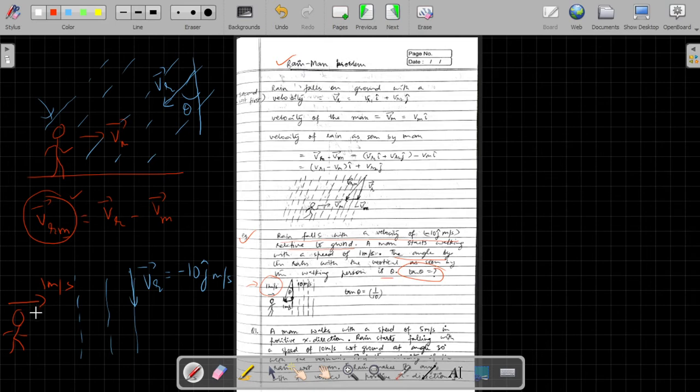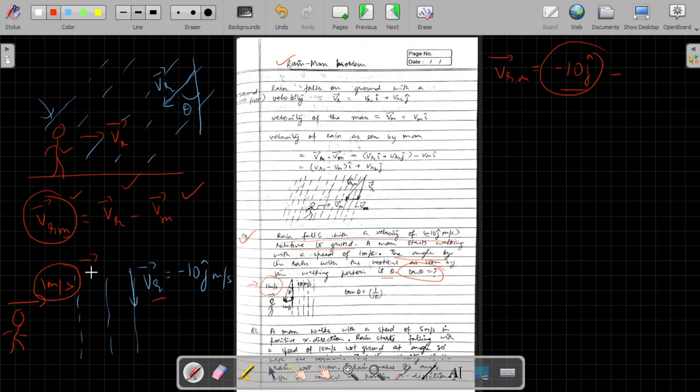As you would know, we would be subtracting our velocity from the velocity of rain. Using this expression, the velocity of rain with respect to man, that is the velocity of the rain which is seen by this man, can be found by subtracting. We write the velocity of rain, Vr vector, that is minus 10 j cap with respect to ground, minus the velocity of man.